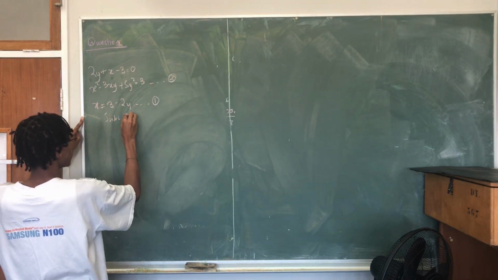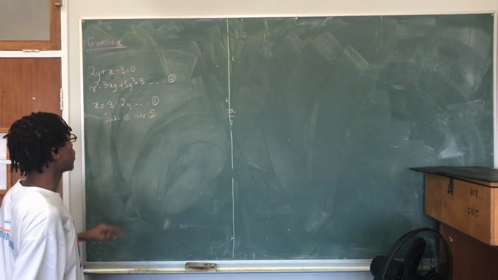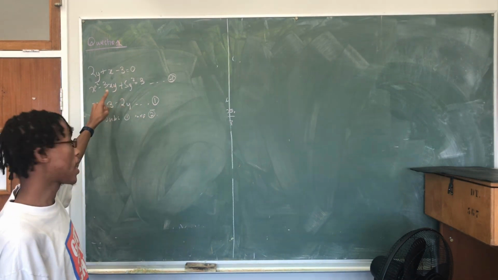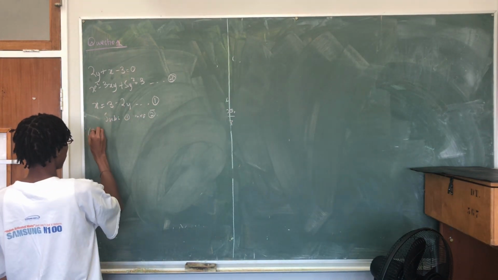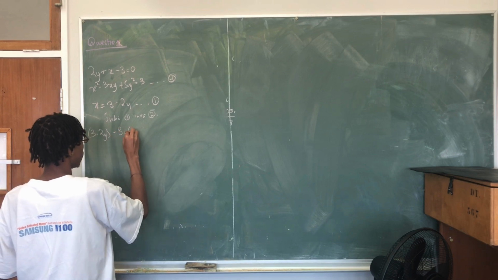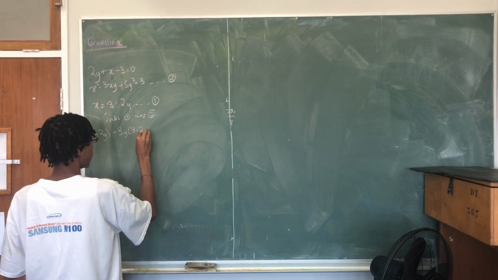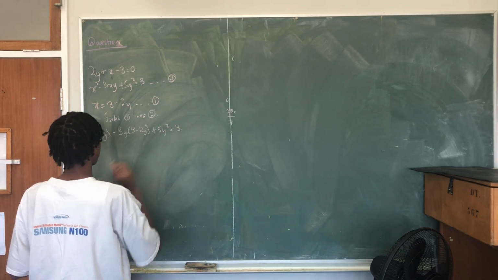Then we substitute the first into the second equation. In the second equation, where we see x, we substitute 3 minus 2y. 3 minus 2y minus 3 minus 2y plus 5y squared is equal to 3.